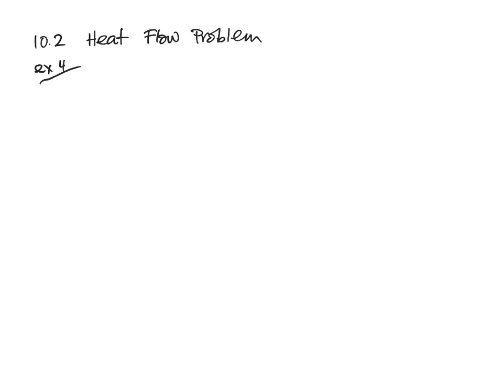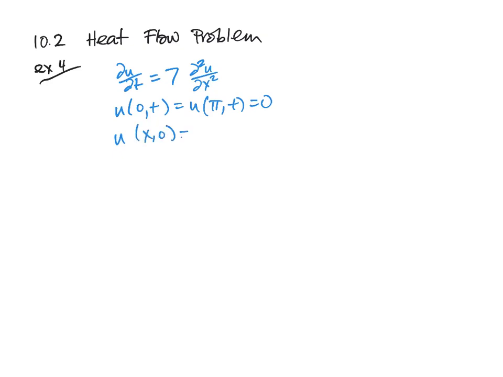And the problem that we're given looks like this. du/dt equals 7 d squared u/dx squared. And then our boundary conditions like we're used to. And our u of x, 0 is, instead of being f of x, we're actually going to be given some function.